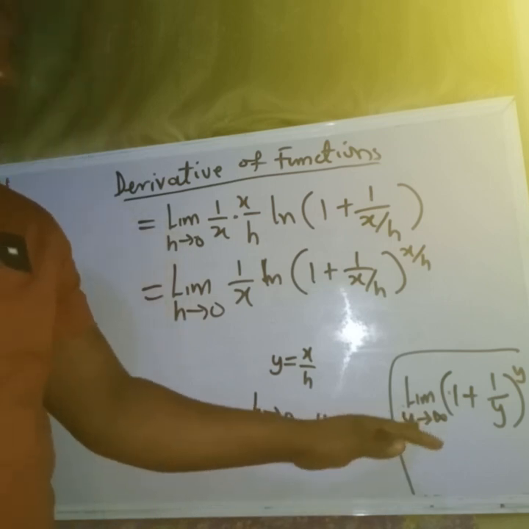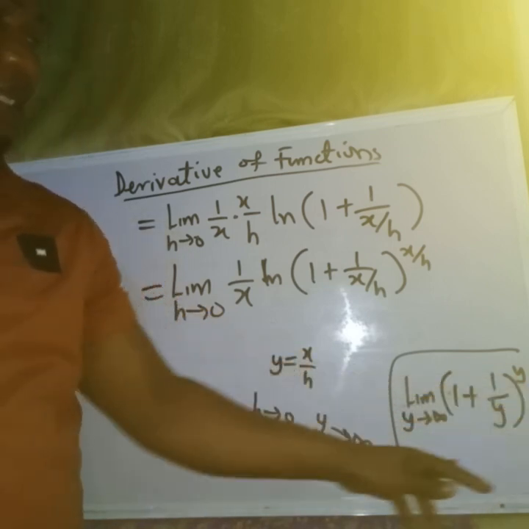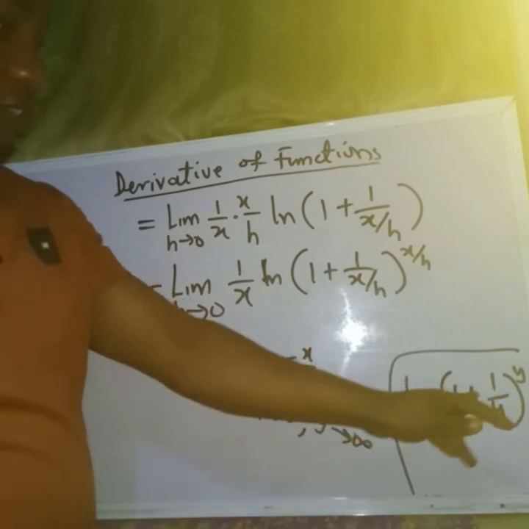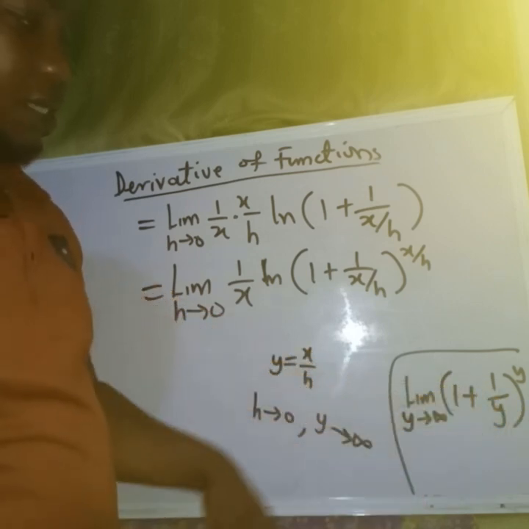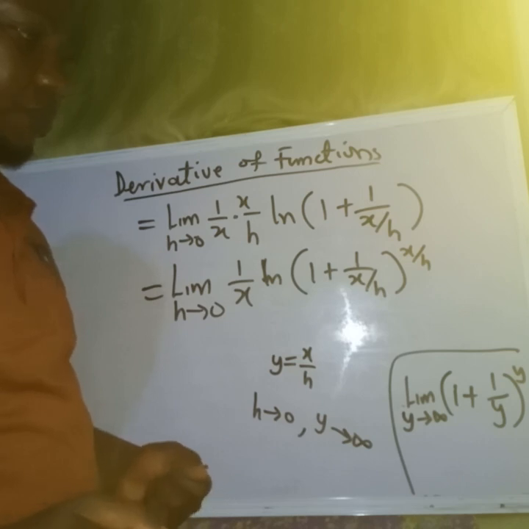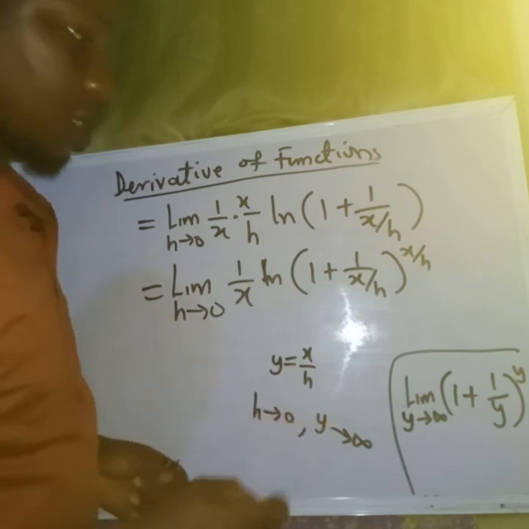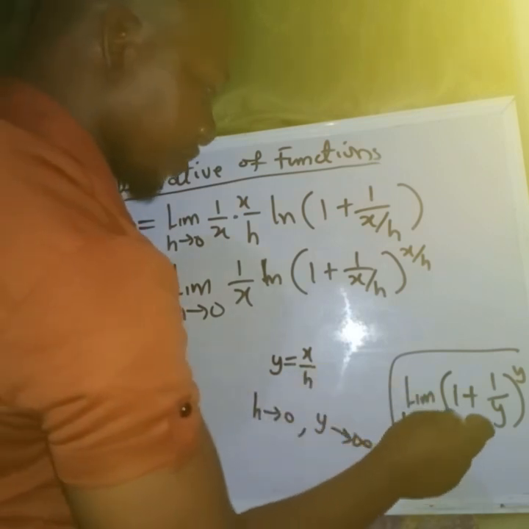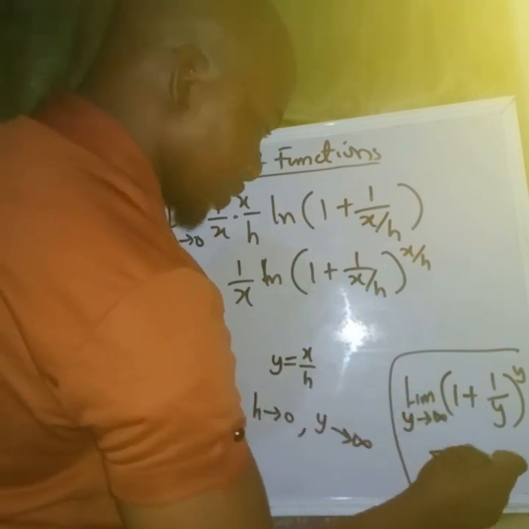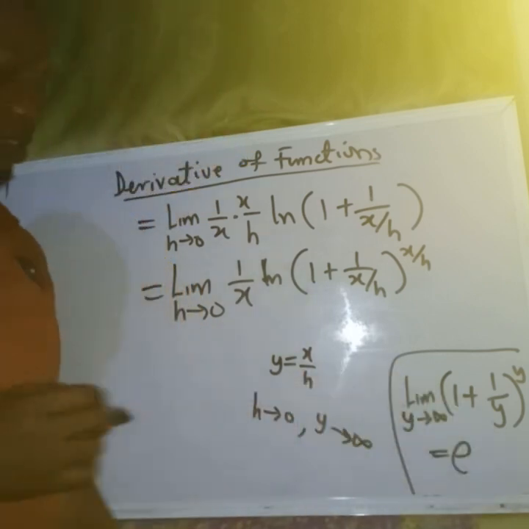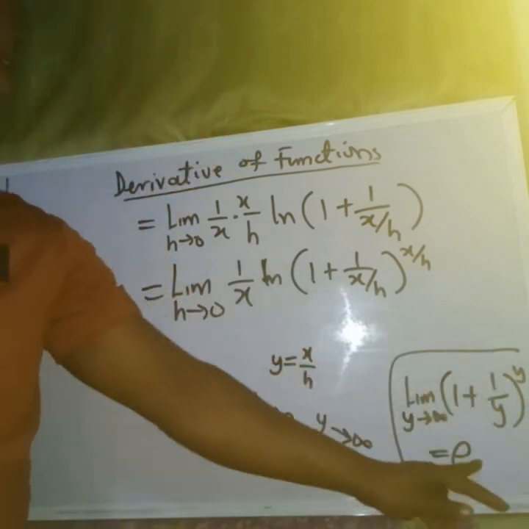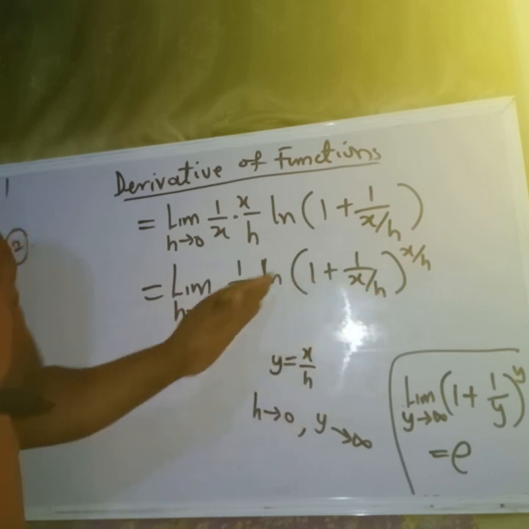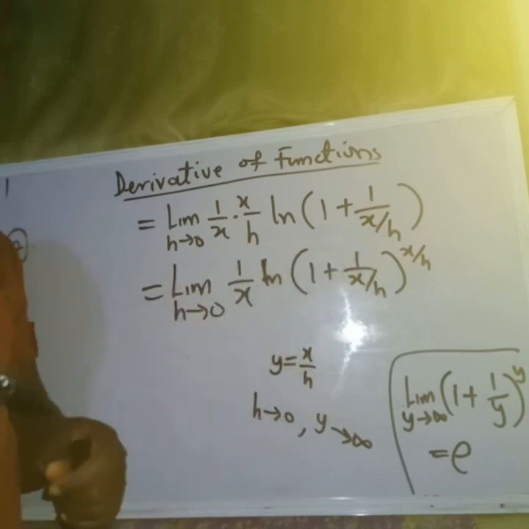This is a standard limit, and whenever we have this, either by linear expansion or Taylor series, we can have this to be exponential raised to the power of 1. That is the assumption we will use to get what we have here.